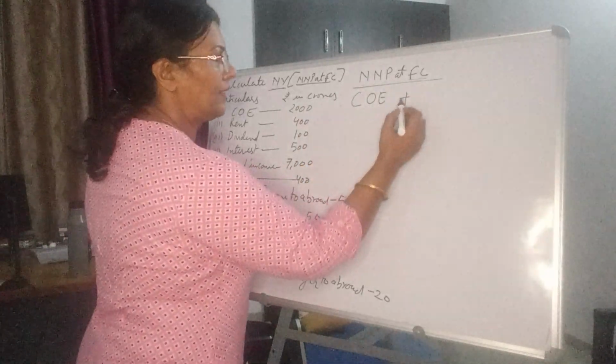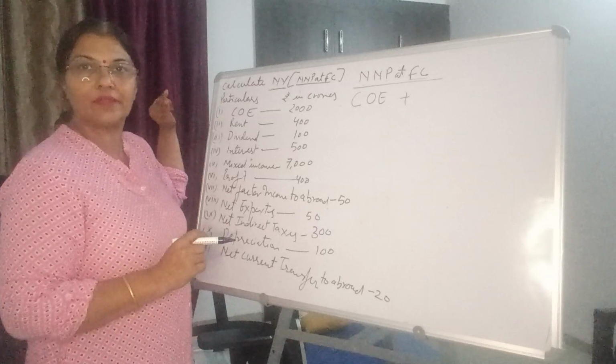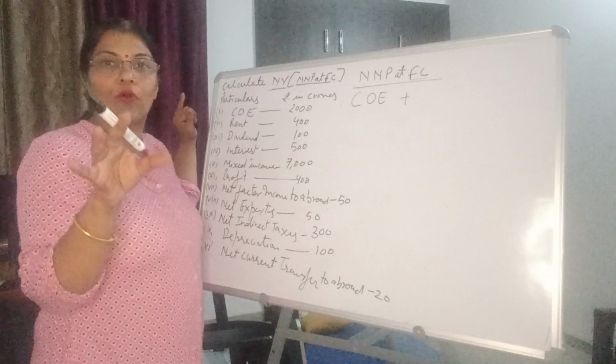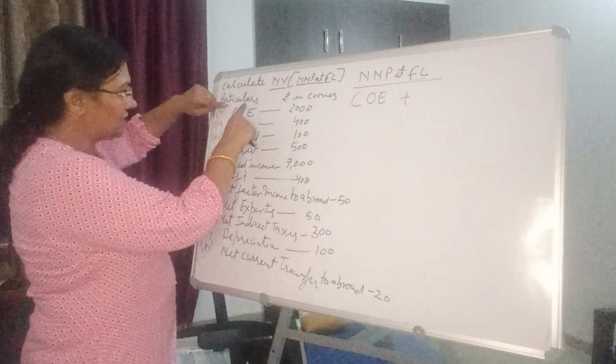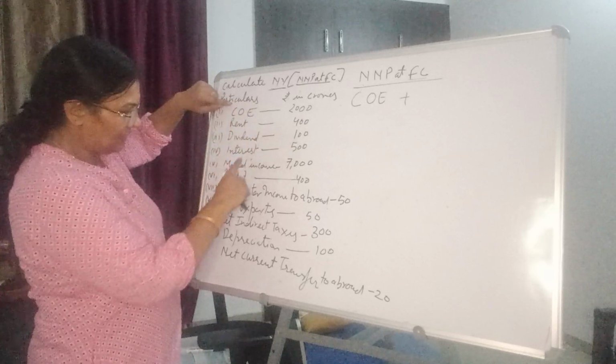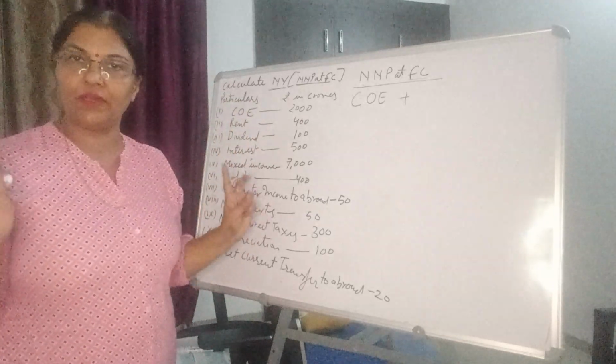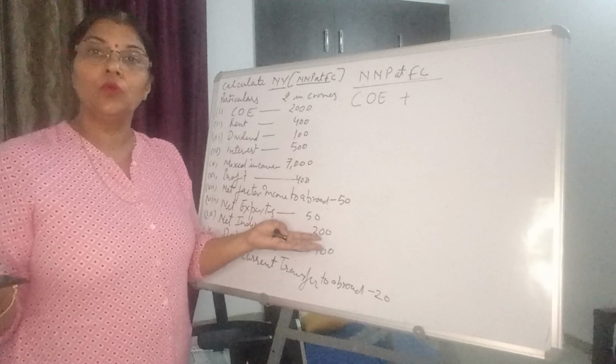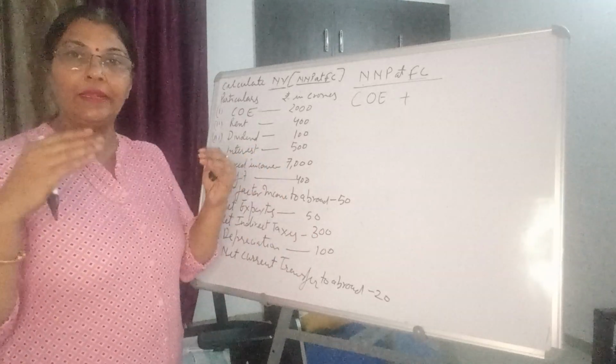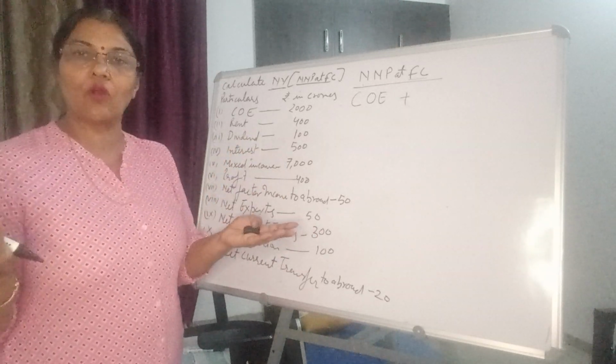Then we have to find out operating surplus. Only stick to your formula. Operating surplus, you will see from the beginning till the end, is not given. So what are you supposed to do? You are supposed to add up its components. What are the components?